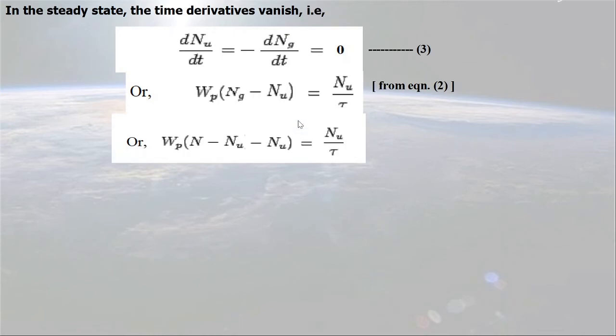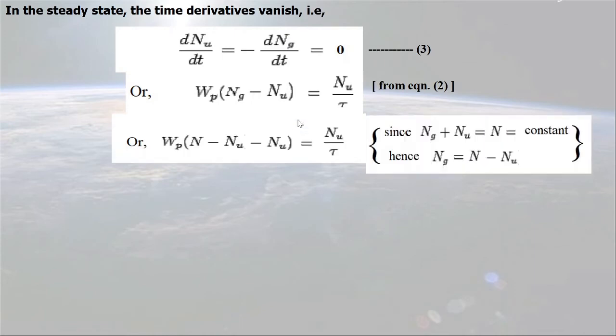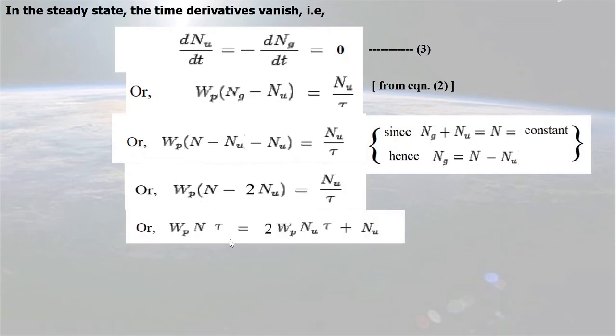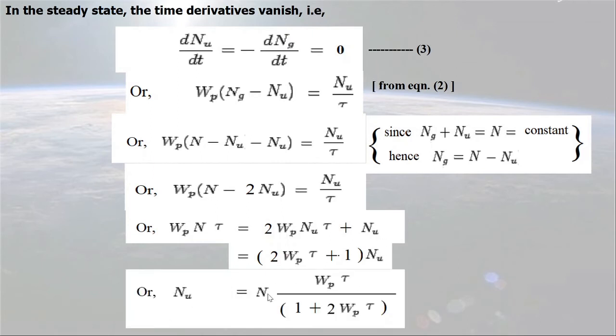Next, since we have N equal to Ng plus Nu, so we may replace the Ng in terms of N and Nu as N minus Nu. So simplifying this, we get this. Next we get this, and next from this, taking Nu common, we may write Nu equal to N into Wp tau by 1 plus twice of Wp tau. This is our equation number 4.